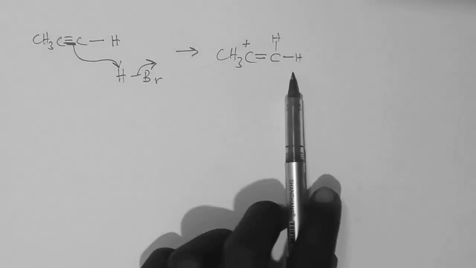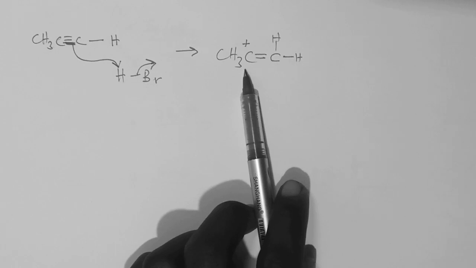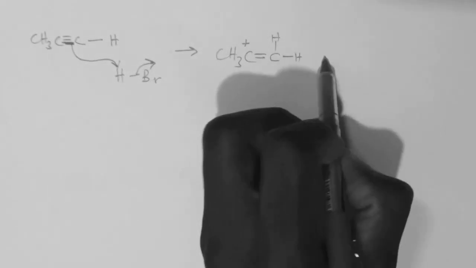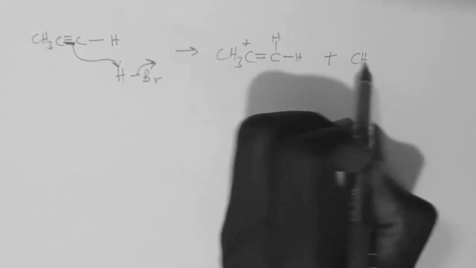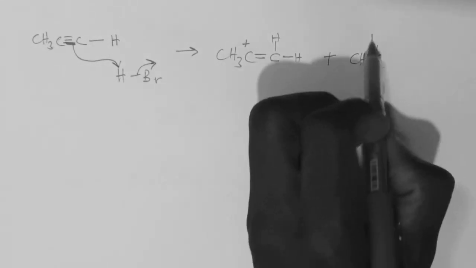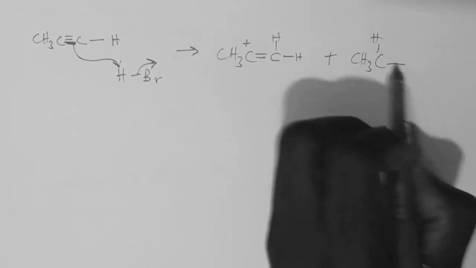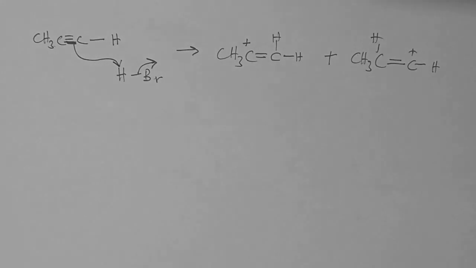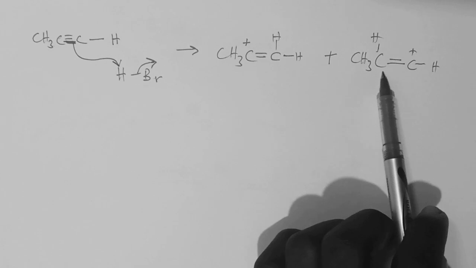So this will be what will be formed in solution. Now, there are two possibilities. It could also form like this. The proton could come here. So there is some form of regioselectivity in this reaction. This is also a possibility.